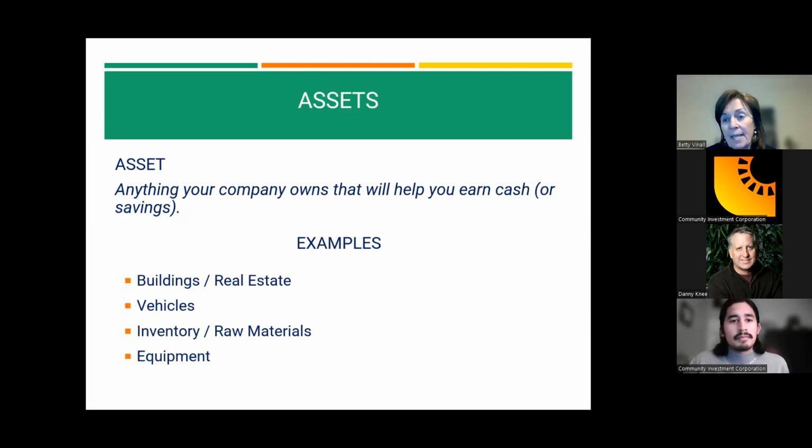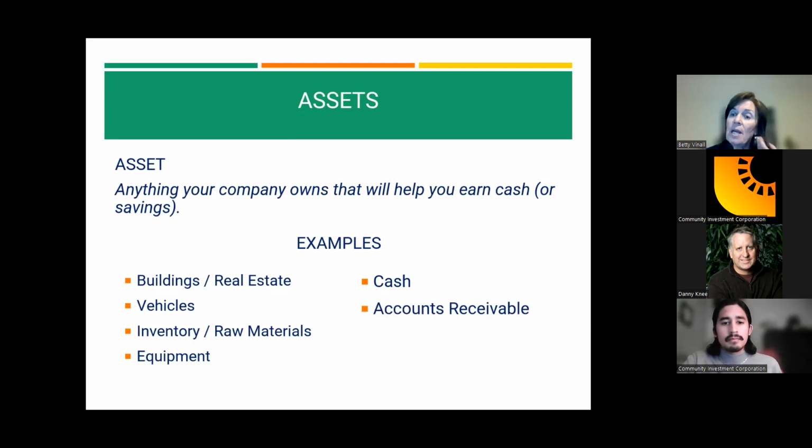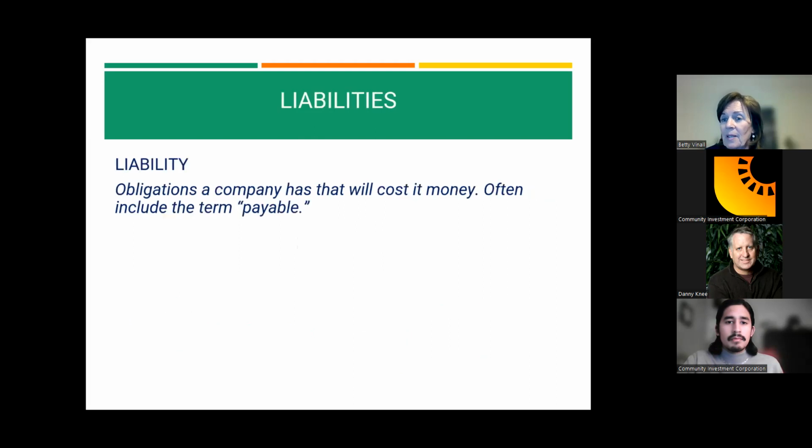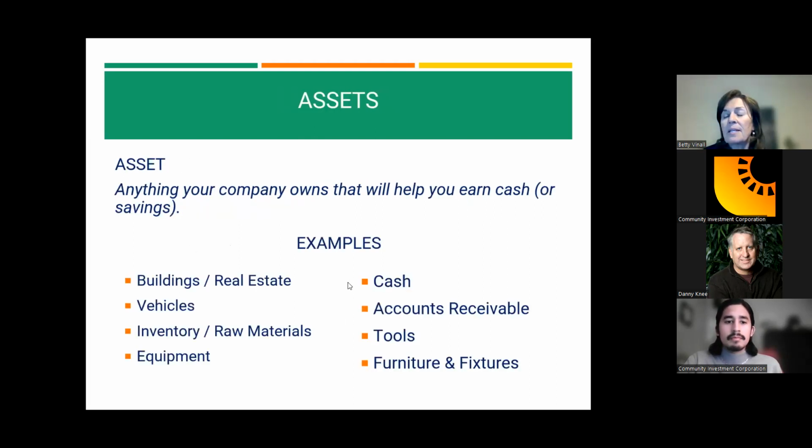Cash, when we say cash, means bank accounts, savings accounts, and it could be cash that you have like in your cash drawer if you're a retail business. Accounts receivable, which depends on if you have customers that you bill. Tools, furniture, and fixtures. So all of these things make up one part of the balance sheet, which is called the assets.